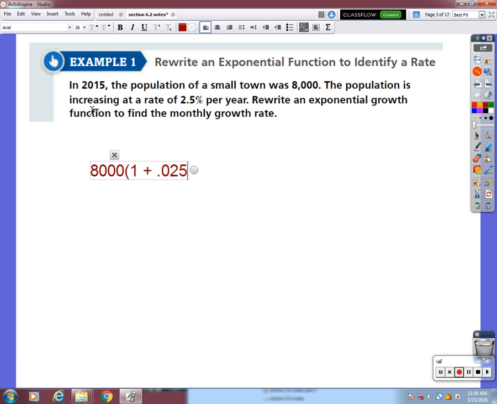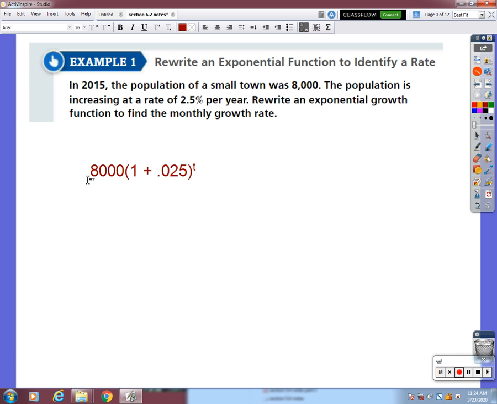I could divide this by 1 because it's increasing at that rate per year, but there's no reason to divide by 1, so I'm going to leave that. It's just 0.025, and then I raise that to the t power for the number of years. Then it wants us to rewrite this to find out how much the population is growing per month.